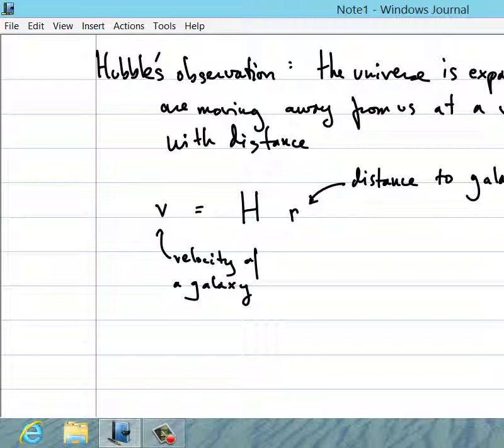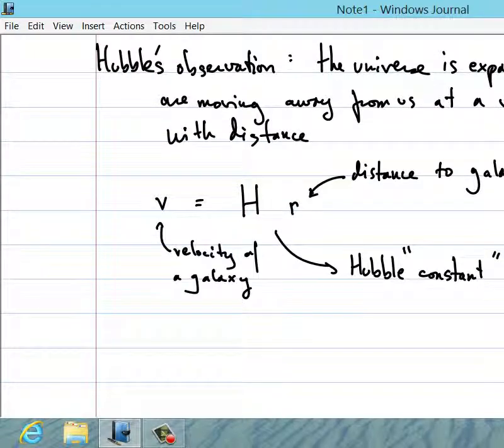That constant is known as the Hubble constant. I'm going to put constant in quotes because, as was later understood and as we'll see in a few minutes, it is not a constant. Hubble thought it was a constant. By dimensional analysis, you can see that it has dimensions of 1 over time.